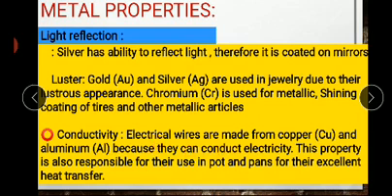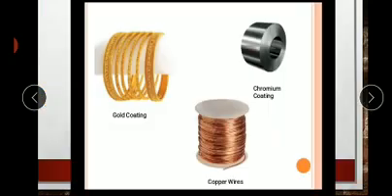Because they conduct electricity, and due to this property they are used in pots and pans for their excellent heat transfer. So look at over here, gold is used in jewelry, chromium coating for the spare parts of the car or for the machinery because it's very shiny, and copper wires are used in the electrical wires.